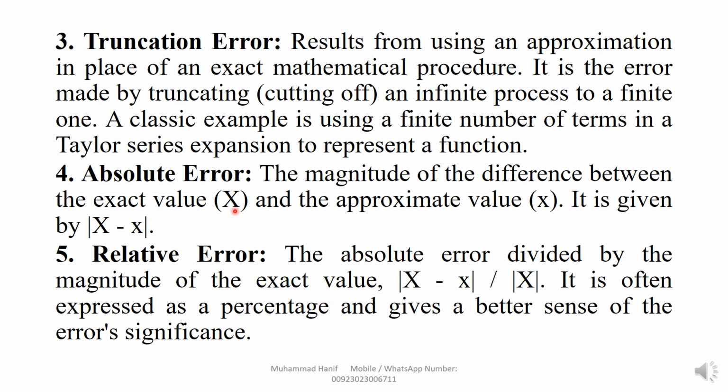This is the exact value and this symbol we use for magnitude. It means if a minus sign is given, then the magnitude converts it to a plus sign. It is often expressed as a percentage and gives a better sense of the error significance. I think you all understand carefully.